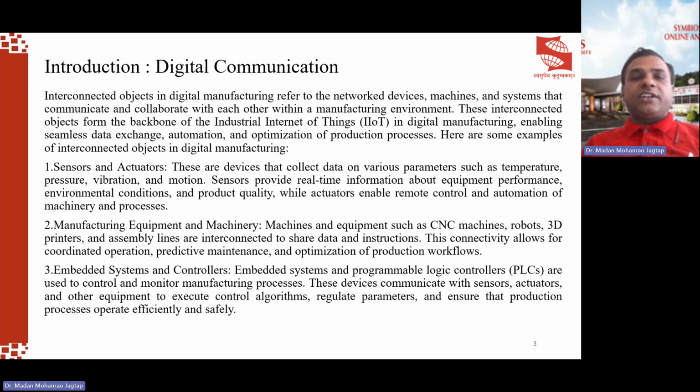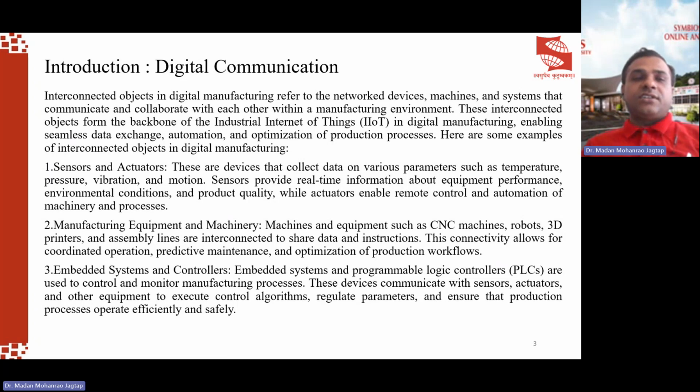These interconnected objects form the backbone of the industrial Internet of Things. They receive and send commands to each other. That is industrial Internet of Things in digital manufacturing, enabling seamless data exchange, automation, and optimization of production processes.